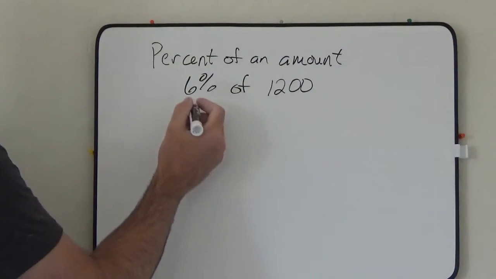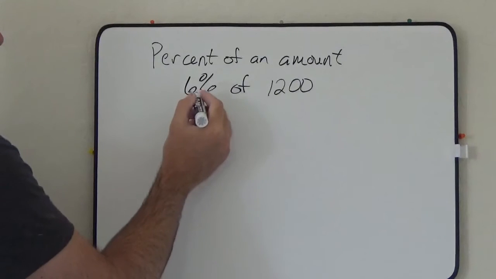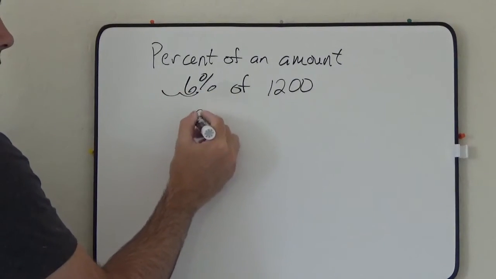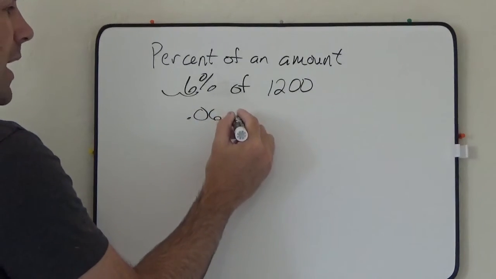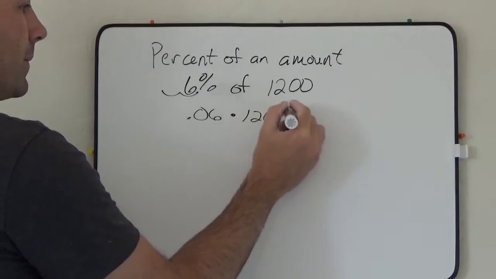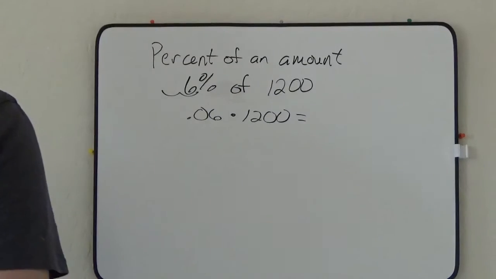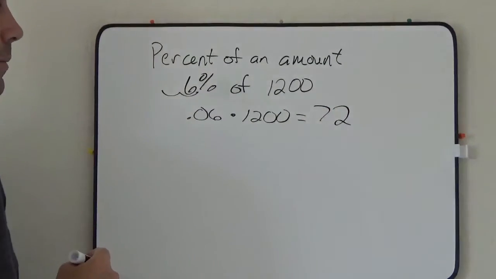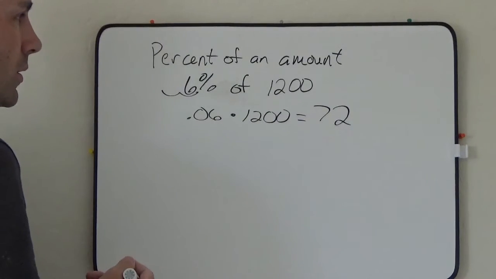So when we change it to a decimal, the decimal is behind the number right here. And to change it to a decimal, we move it twice to the left, making this 0.06 times 1,200. Now when we plug that into the calculator, we get 72. So 6% of 1,200 is 72. Okay?